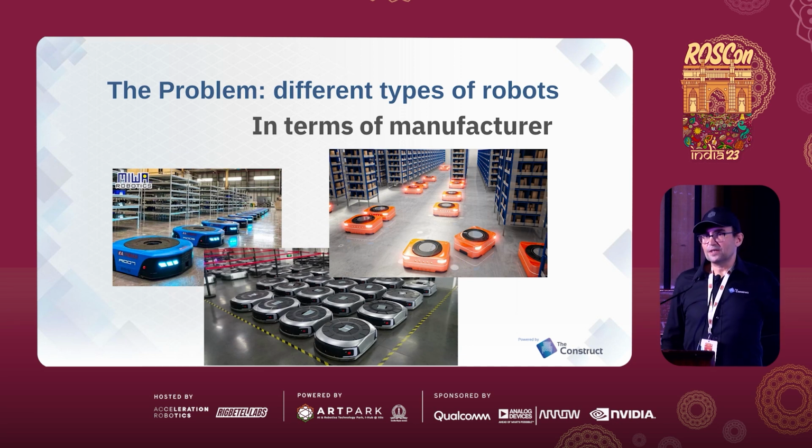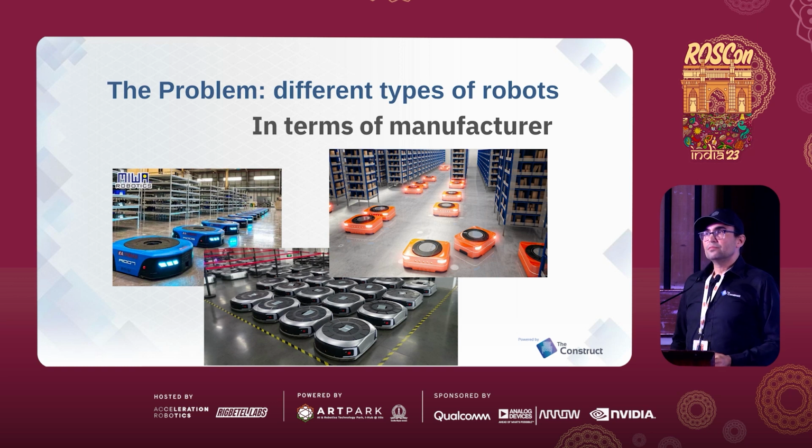For example, in this slide, you can see the same robot functionality from a functionality point of view, but made by different manufacturers. So I don't want to be tied to a specific manufacturer. I want to buy one robot from this one, and then 2 years later, another robot from another manufacturer. Then how can I integrate those? So that's a problem, right?